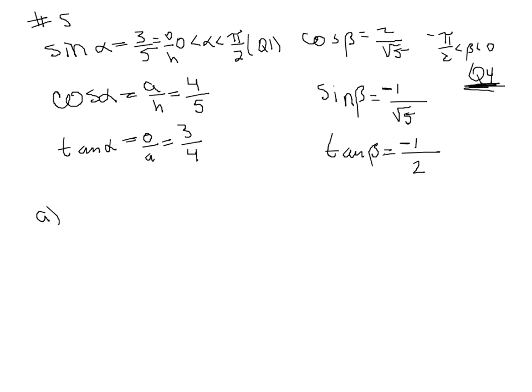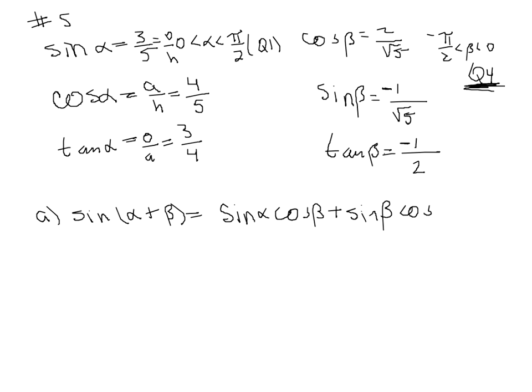Okay, now we have several expressions to evaluate. We have sine alpha plus beta. And so looking at the formula sheet, sine alpha plus beta can be rewritten as sine alpha cosine beta plus sine beta cosine alpha.